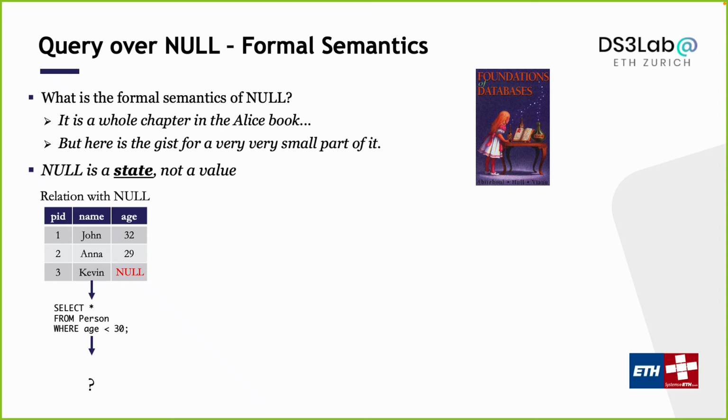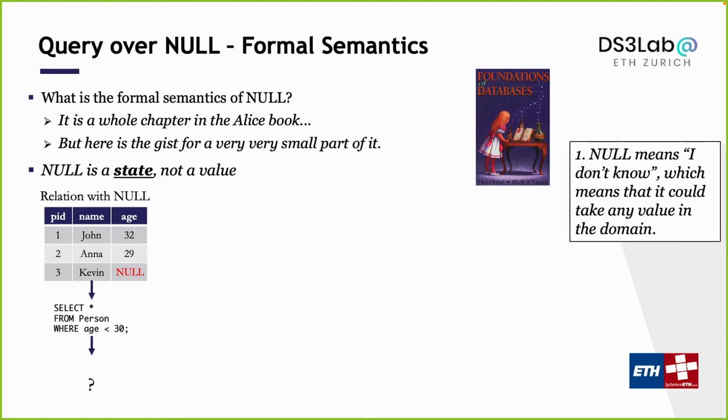But the fundamental principle that most practical database systems follow is to think about incomplete information as a state in which you could put everything. You don't know what that value is, so I will assume you could put all the possible values for age in that cell.